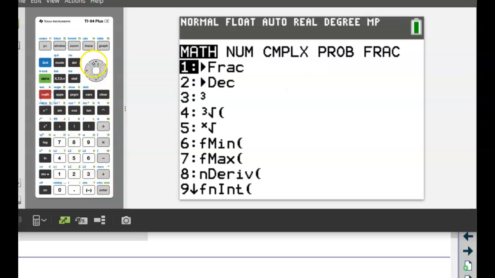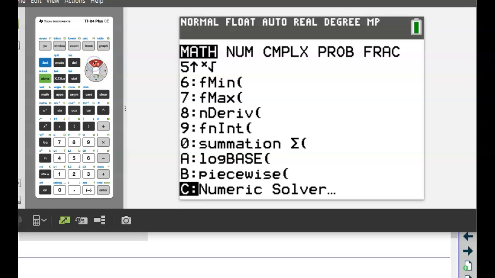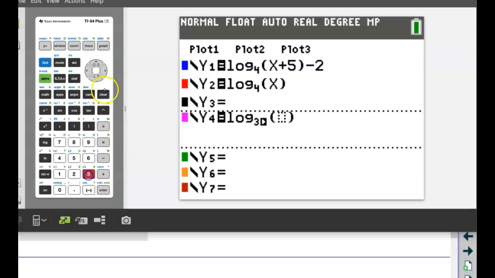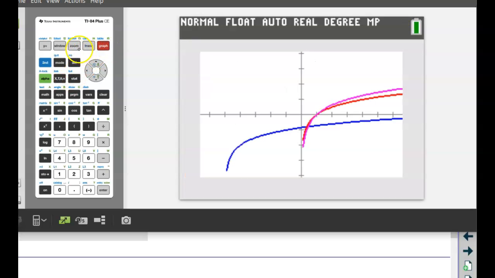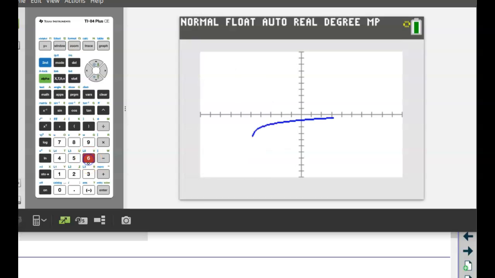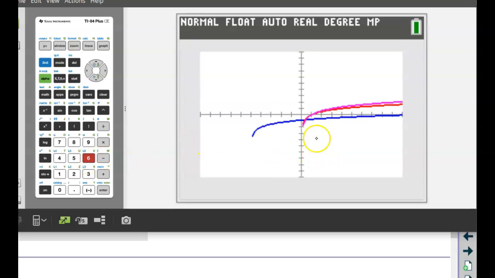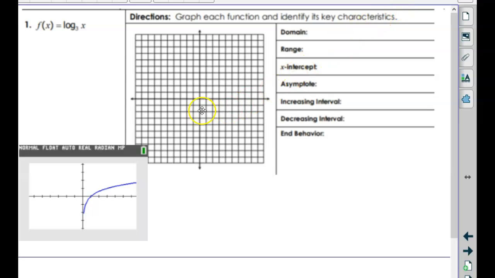You would go math, up arrow to log base, put in a 3, and then x, log base 3 of x, okay? I'm going to have extra ones on here. And if you do a zoom 6, it's my pink one. But does it look like it stops? Does it stop? No, it just gets so close to that x-axis that it doesn't look like it does anything.